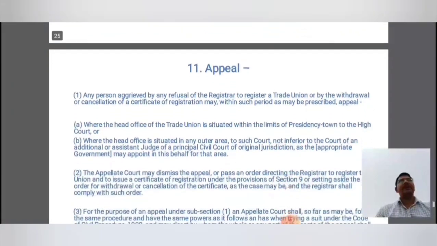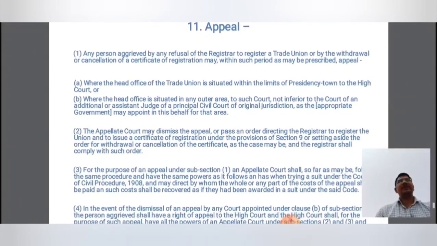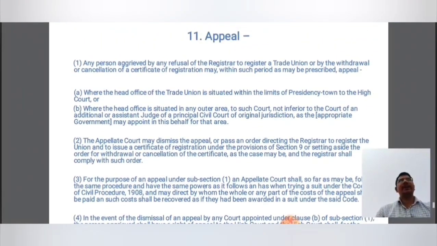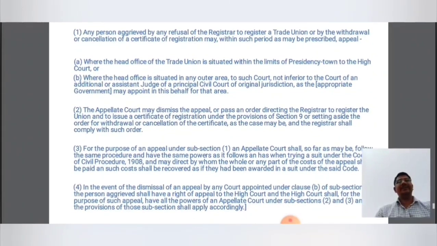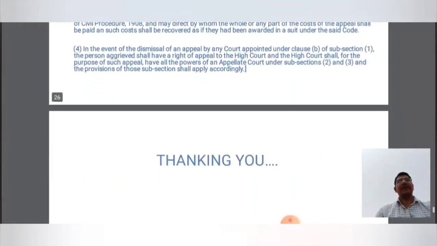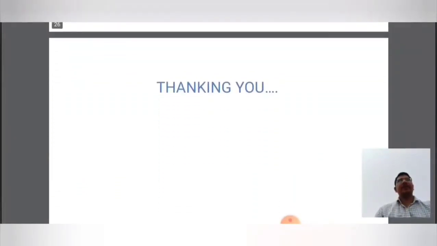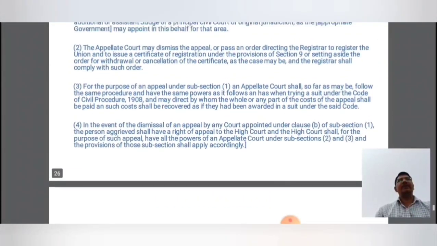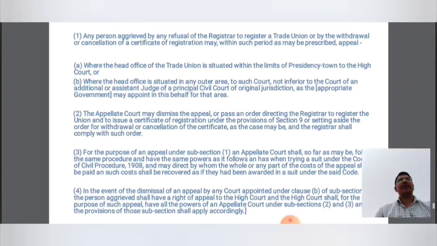So we have understood all the aspects. You can even appeal if any cancellation or withdrawal happens.